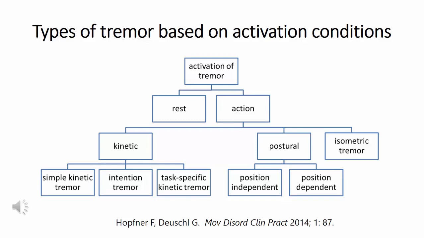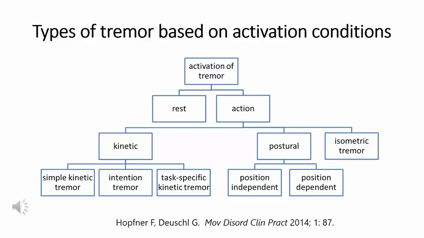Action tremor occurs when a patient moves, actively maintains a posture against gravity, or performs an isometric contraction such as gripping the handle of a tool. These three types of action tremor are called kinetic tremor, postural tremor, and isometric tremor. Most action tremors occur in a variety of postures and movements.